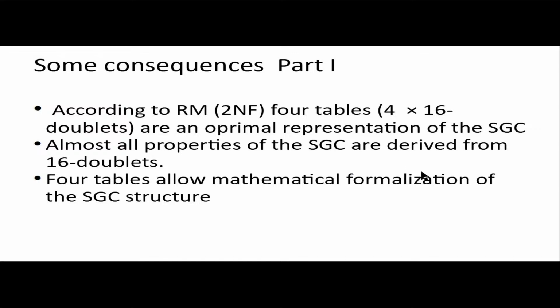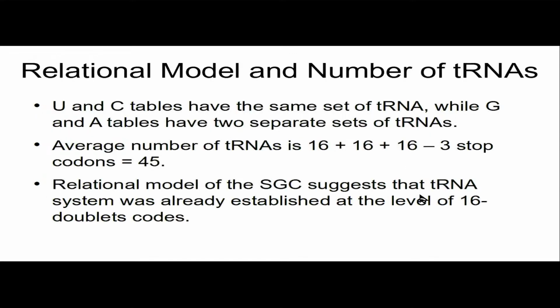So 4 tables are an optimal representation, and concerning transfer RNAs, the U and C tables have basically identical ones, and 2 separate transfer RNA sets are made of A and G in the context.